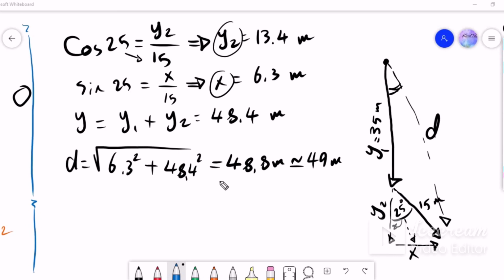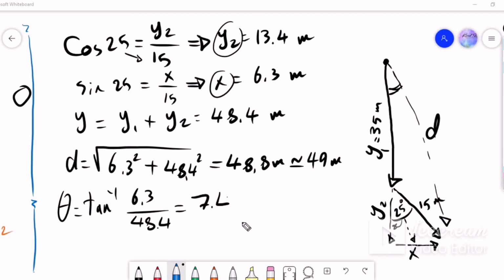What about the direction? As I told you guys, be careful. The direction here, where is the opposite? X will be the opposite, and y will be the adjacent, because the direction will be here. Now theta equals tan inverse of opposite over adjacent. Now x will be the opposite, 6.3 divided by 48.4 equals 7.4.